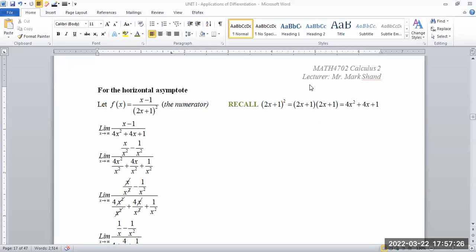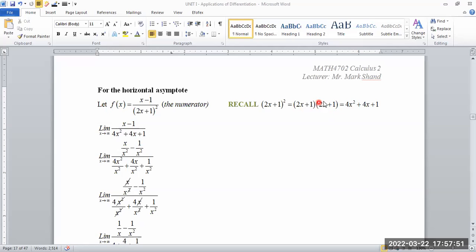So I'm expanding. Let me just refresh your memories because I know it's been a long time since we finished school mathematics here. (2x plus 1) all squared is the same thing as (2x plus 1) times (2x plus 1). And I'm FOILing. I'm using everything in the first parentheses to multiply everything in the second parentheses.